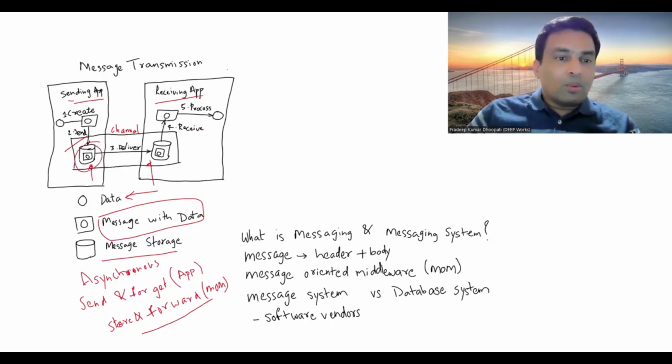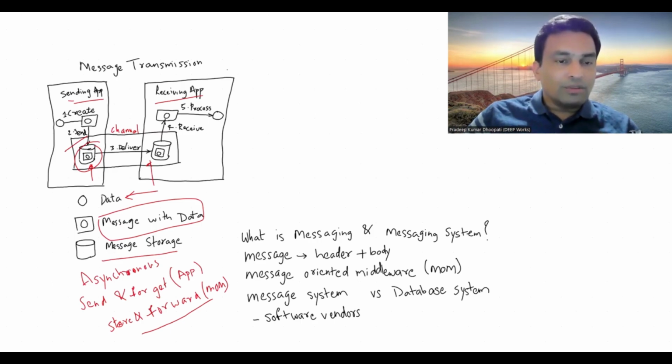We may feel that these are too many overheads, but in enterprise integration, we are sending data from one computer to another computer, and like we discussed in the previous sessions, the networks are unreliable.